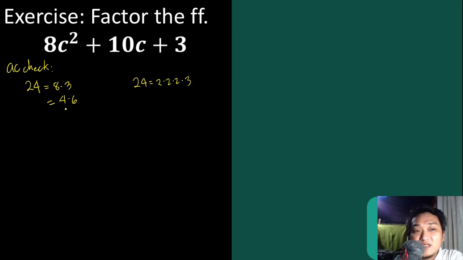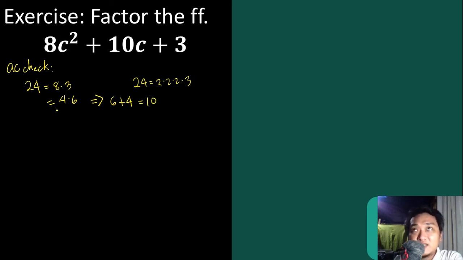Pero pagka nakita na natin yung posibleng pwedeng maging 10 or yung posibleng pwedeng maging middle term, stop na tayo ron. In this case, si 4 and 6 pwede silang maging 10 kung i-add natin sila. So that is 6 plus 4. That is 10.